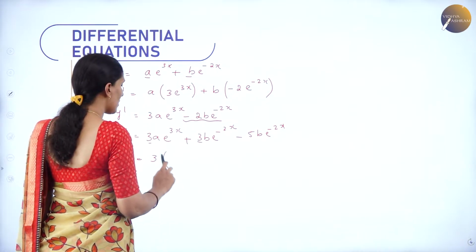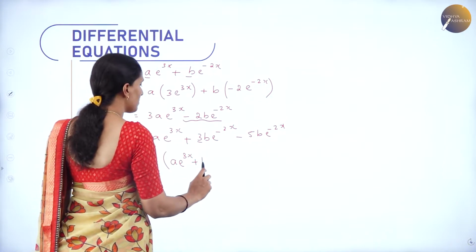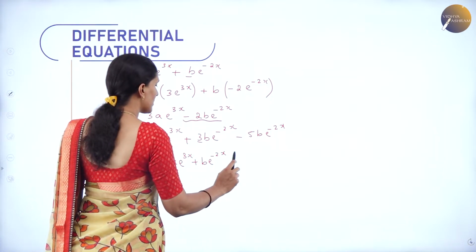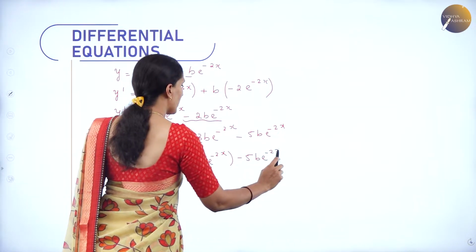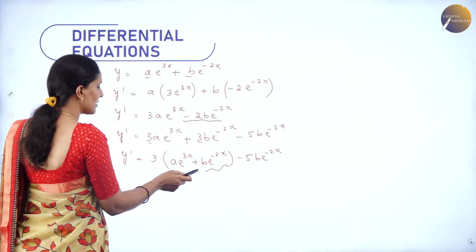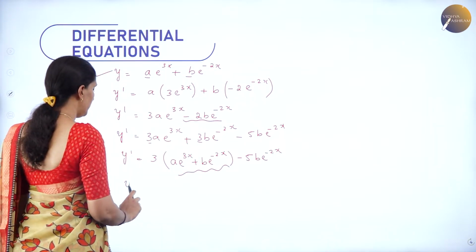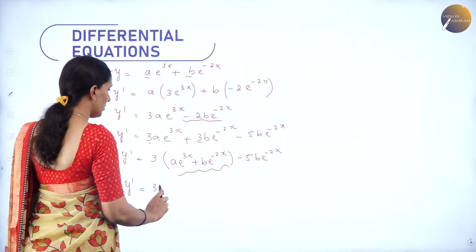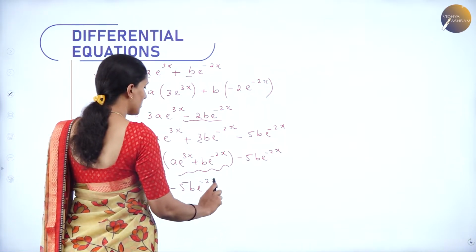If you take 3 as a common factor, you will get a into e power 3x plus b into e power minus 2x, minus 5b e power minus 2x. Clearly, you see, this is nothing but our y. So, replace it with y. Then we get y dash is equal to 3y minus 5b e power minus 2x.